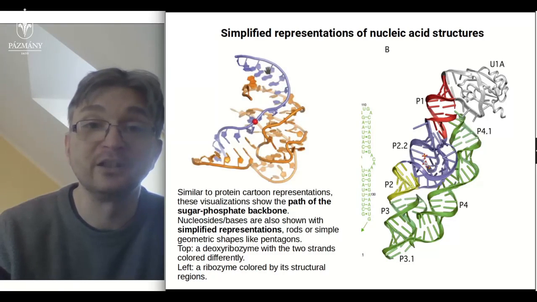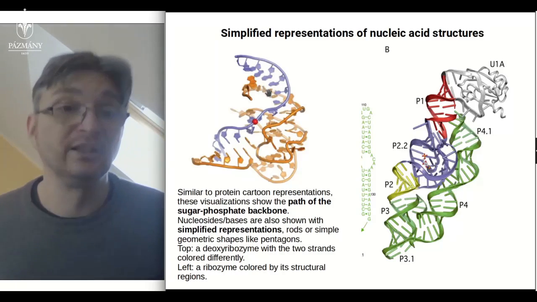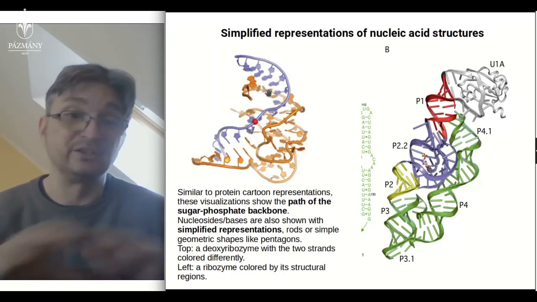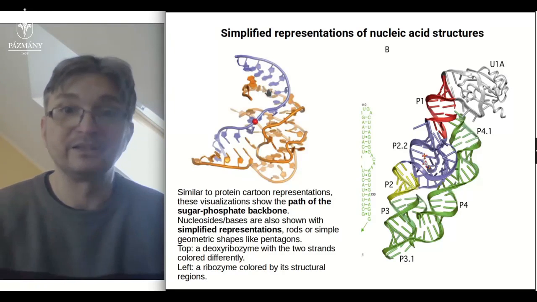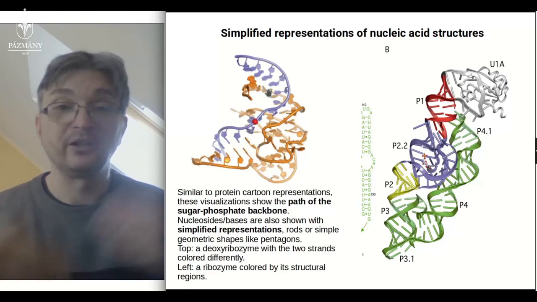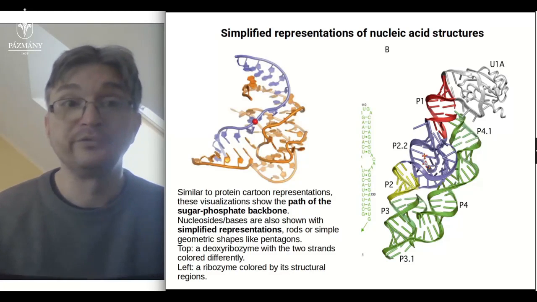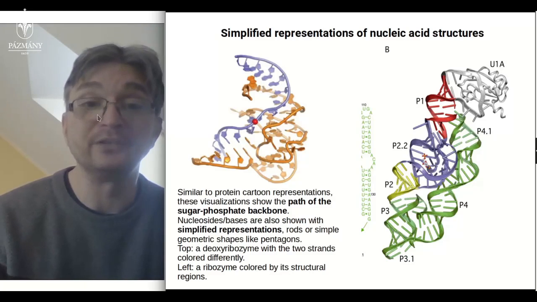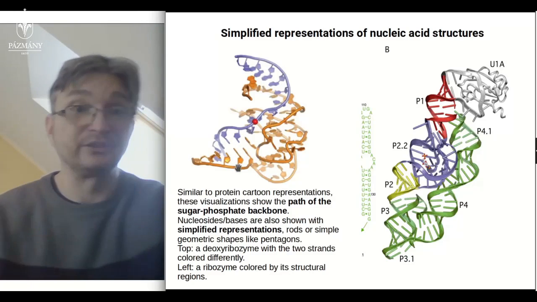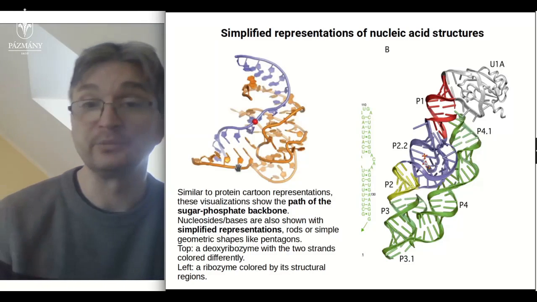Here you can see that the 5-carbon sugar is shown with a pentagon, and the bases are shown in a simplified geometric representation. So the purine and the pyrimidine scaffold is shown, but not the atoms. So you can have a basic view on how the base pairs are oriented relative to the backbone.